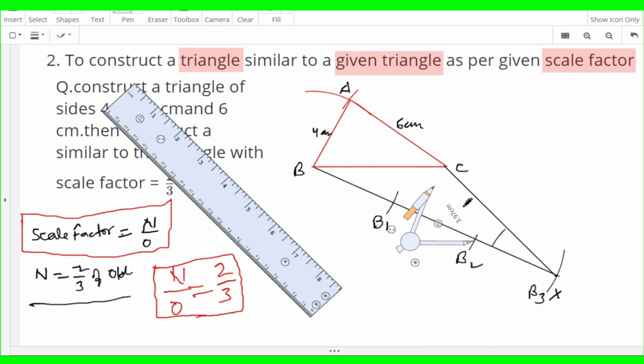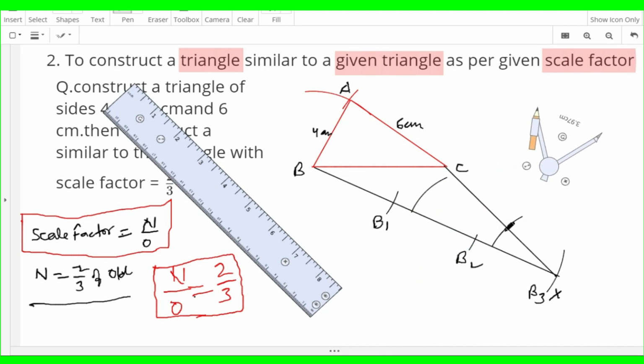Then again with the same length, like this we have taken one arc from B3, and we have to draw the parallel at B2. In the same way keep the pointer at B2 and draw one more arc here.